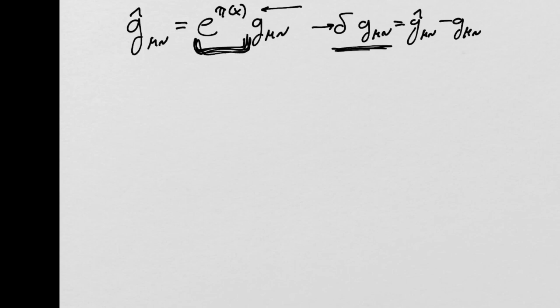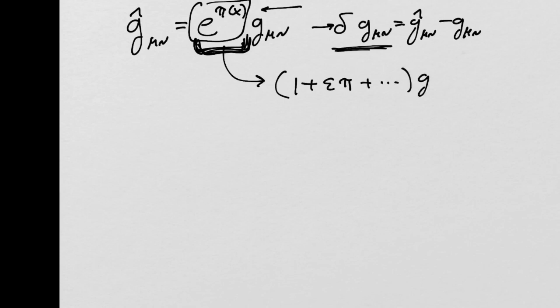So how do we do a small piece of e to the pi x? This is one of the reasons why the e to the pi x notation is a little more straightforward to me, because its approximation is clearly 1 plus epsilon pi, plus higher order terms in epsilon squared, times G mu nu.